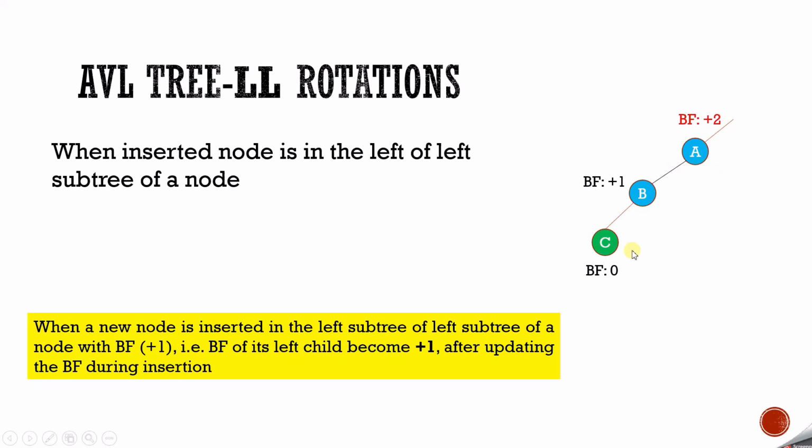In terms of values, as I have already discussed, when a new node is inserted in the left subtree of a node, and the balancing factor of its left child becomes +1 after updates, then I have to go for LL rotation, centering on that node whose balancing factor became +2. So that means it is imbalanced now.